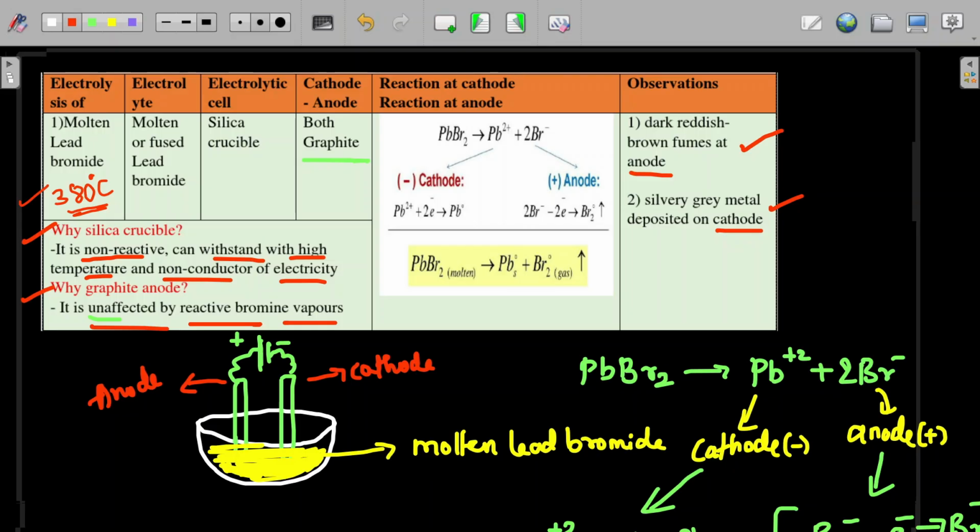Many of you wrote lead and lost the marks, right? You have to write pure lead. So keep following that. If they ask the name of the product formed at the cathode, pure lead. And similarly, for the substance formed at the anode, pure bromine. Okay. Any doubt in this?